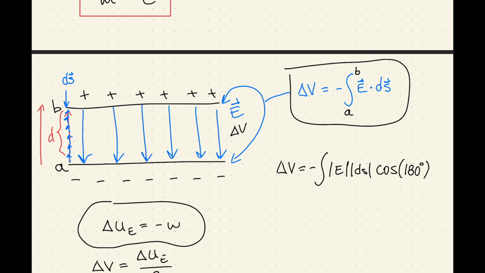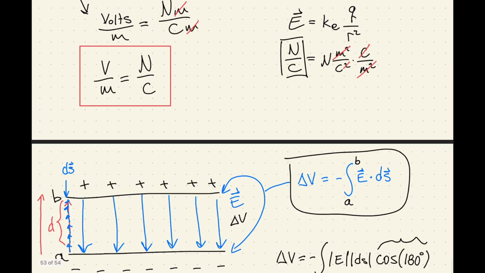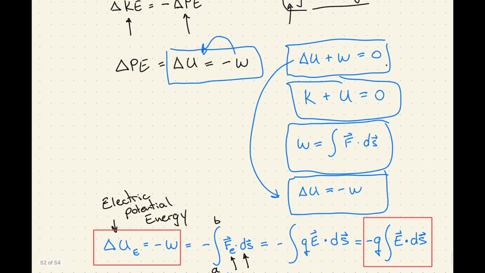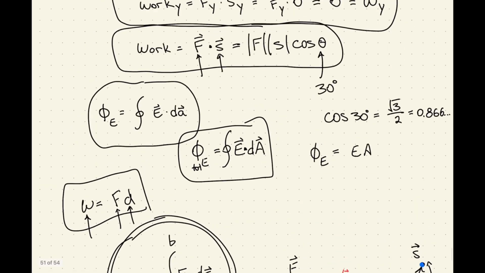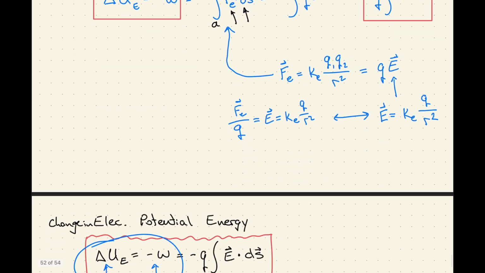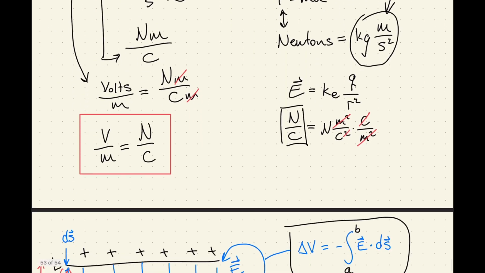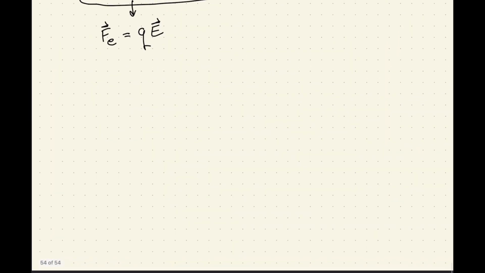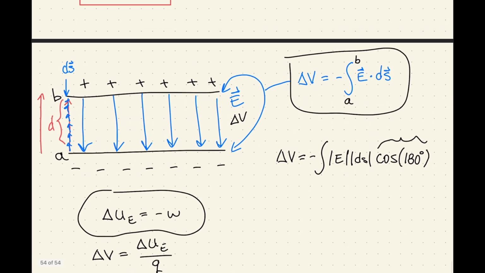And if you remember, or you could just plug cosine 180 in your calculator, what we get is cosine of 180 degrees is equal to -1. So when the cosine function deals with vectors that are pointing perfectly away from each other, they are anti-parallel, then it spits out a minus sign. So this is equal to -1.